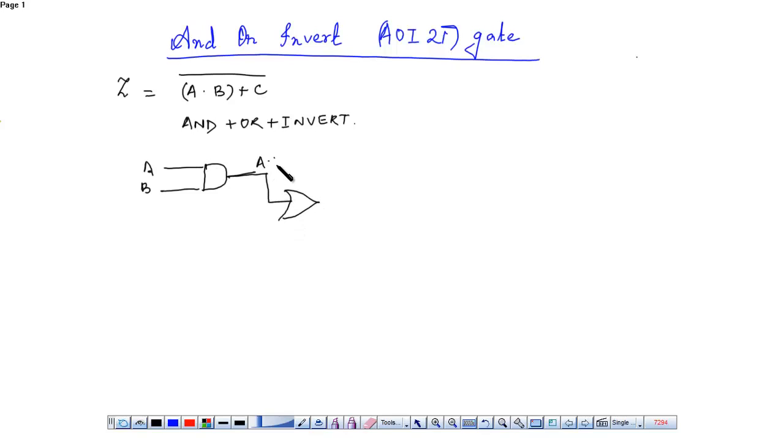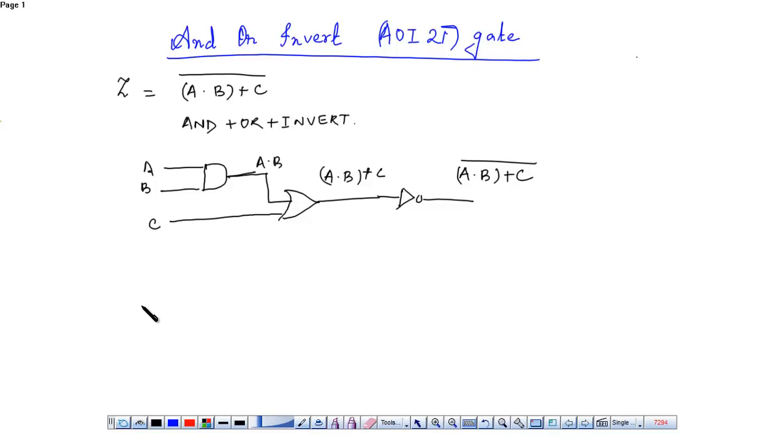This is the third input C. The output is A and B or C, and there is an inverter which produces the output A dot B plus C bar.